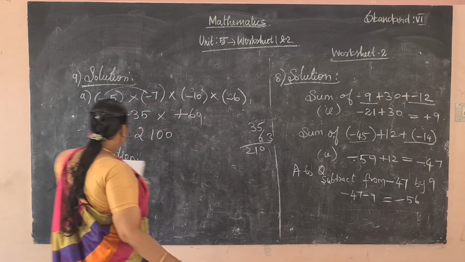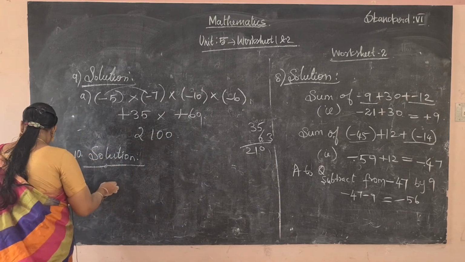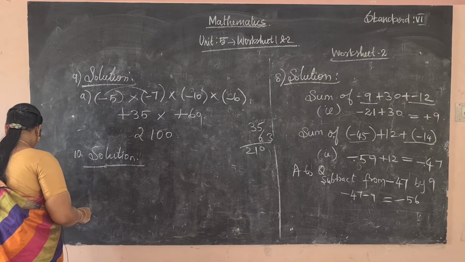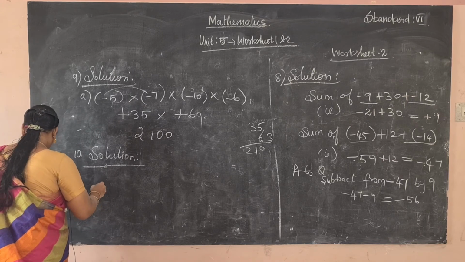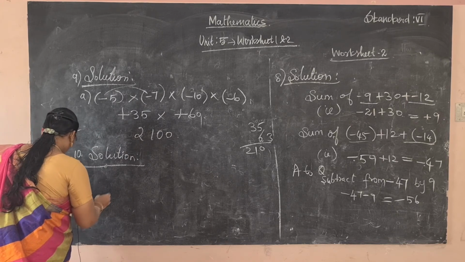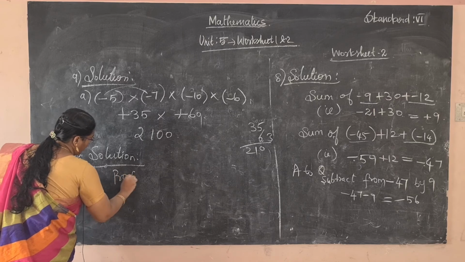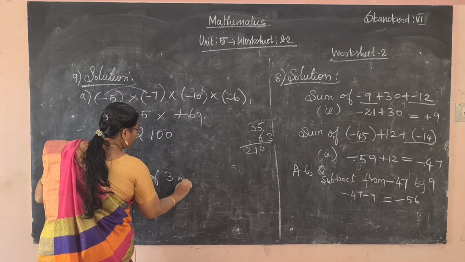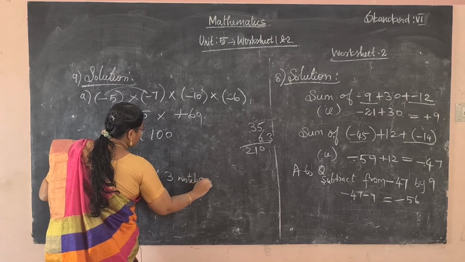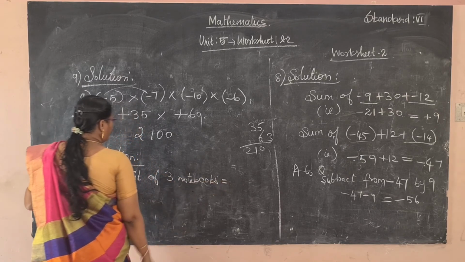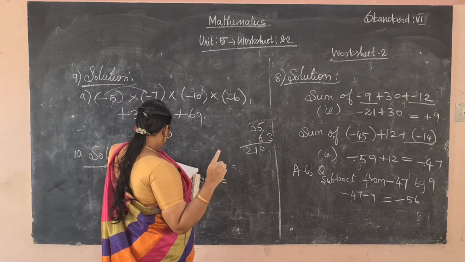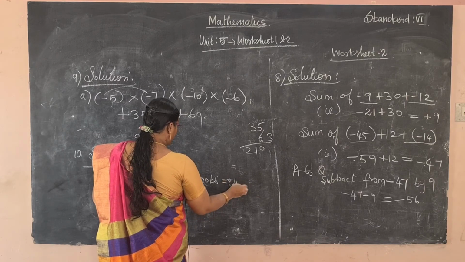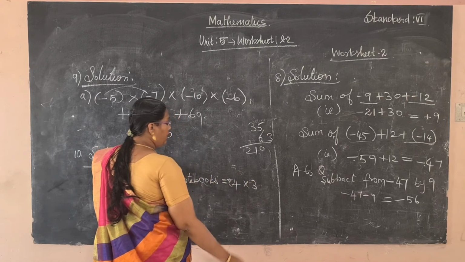Okay, so profit of 3 notebooks is equal to, for each book how many rupees profit? 4 rupees. So 4 rupees into how many books are sold? 3 books.